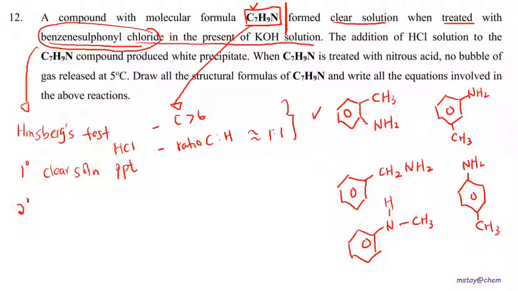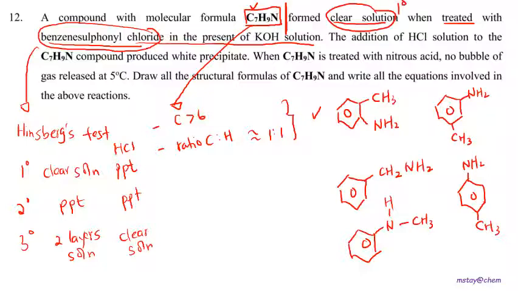For secondary, all the way we get the precipitate, while for tertiary we have a 2-layer solution, and after HCl is added we get a clear solution. Up to here, we have the clear solution, so it looks like primary. Let's double confirm: after adding the HCl, it will produce a white precipitate. So from here, definitely the C7H9N is a primary amine.